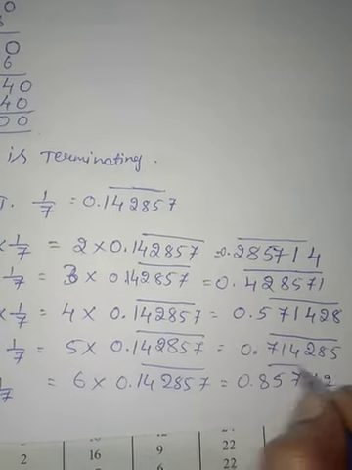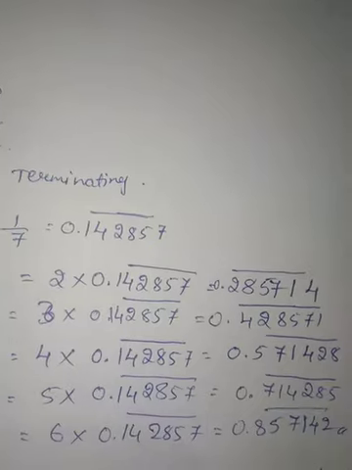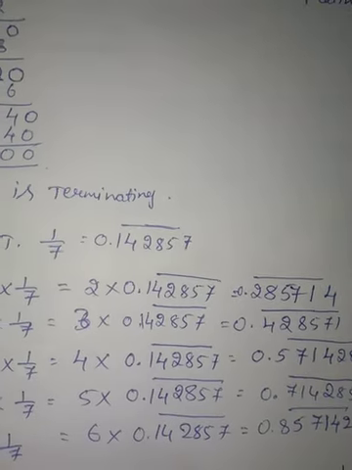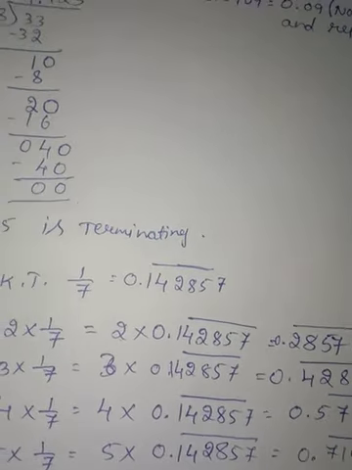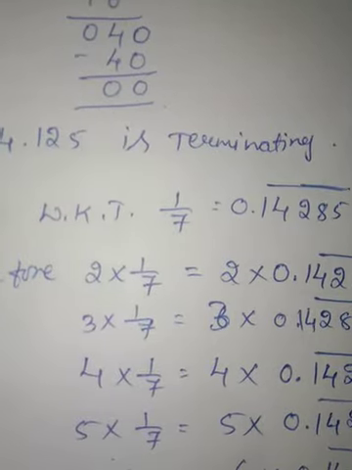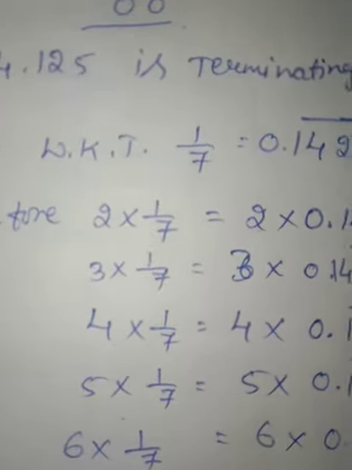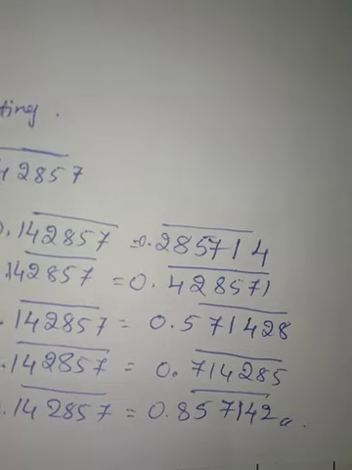Okay, this one is simple, children. You have the value of 1 by 7, you just multiply by 2, 3, 4, 5 and then 6. Okay, you got the answer, isn't it?